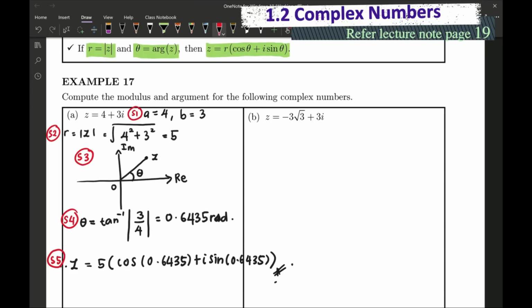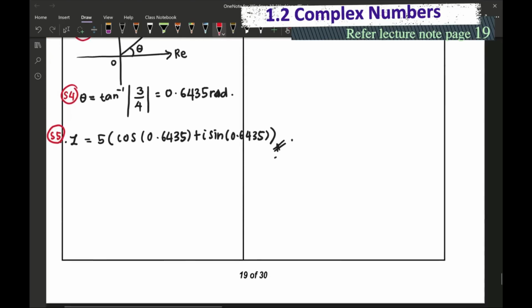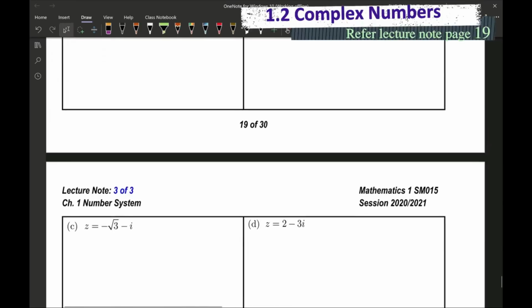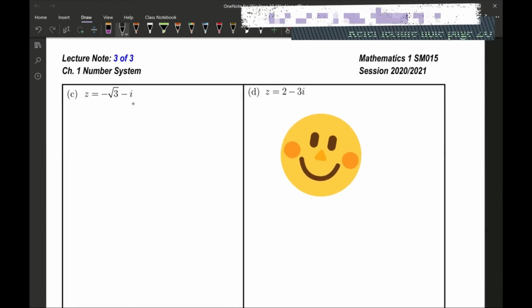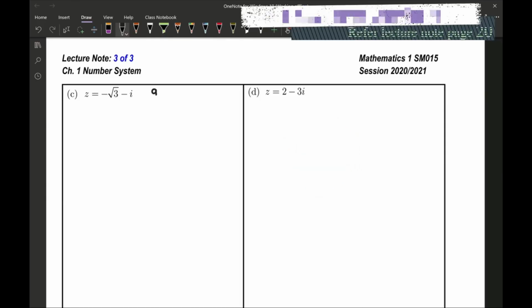Okay, that's the way. So now let's go to our c, example 17c. So what should we do? We find out first what is our a, negative 3, and then what is our b, negative 1.